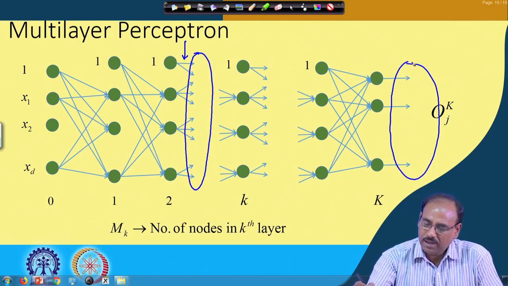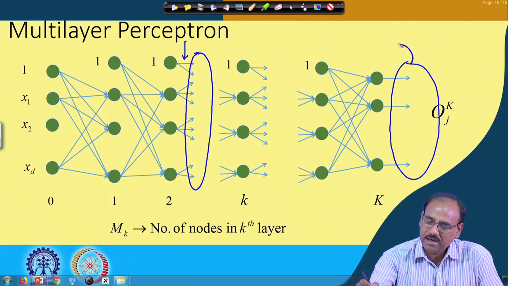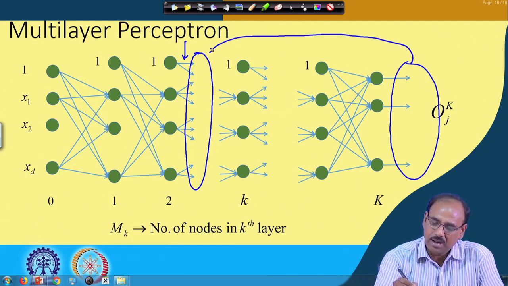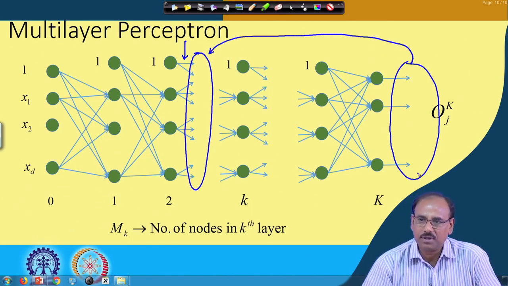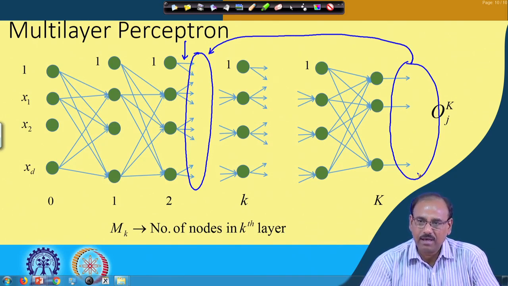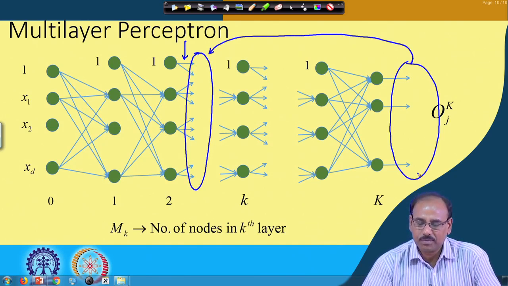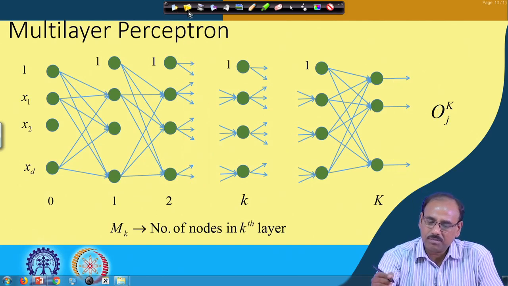So, whatever error I compute here, that through back propagation has to be brought to this particular layer, and in this layer I have to see what is the effect of this error, and using that I have to go for weight updation, again following the gradient descent approach. So, let us see how we can do that.